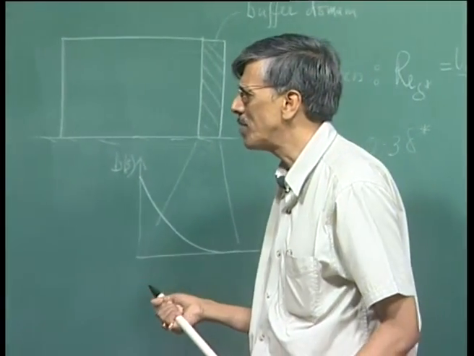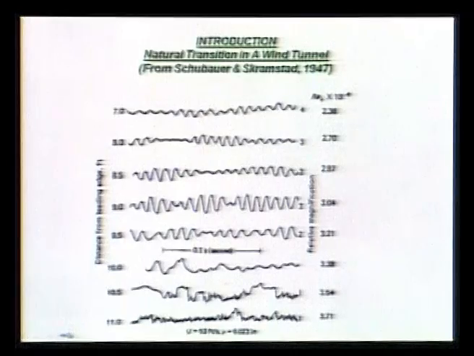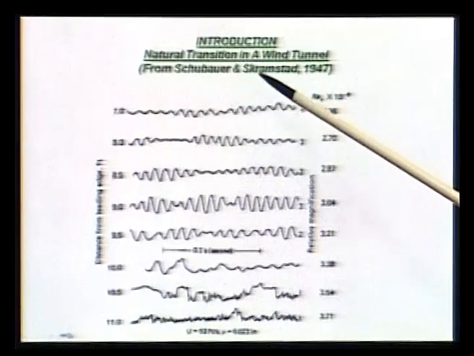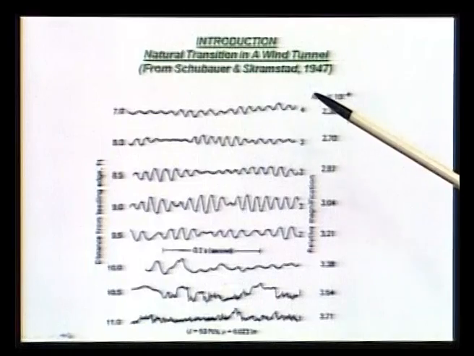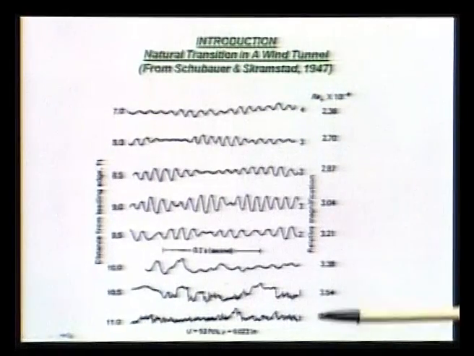This is something that we have seen, that if I go to a wind tunnel and see what is happening inside the tunnel, it is a so called natural transition, and this is the result again I am showing you, taken from that Schubauer-Skramstad paper.